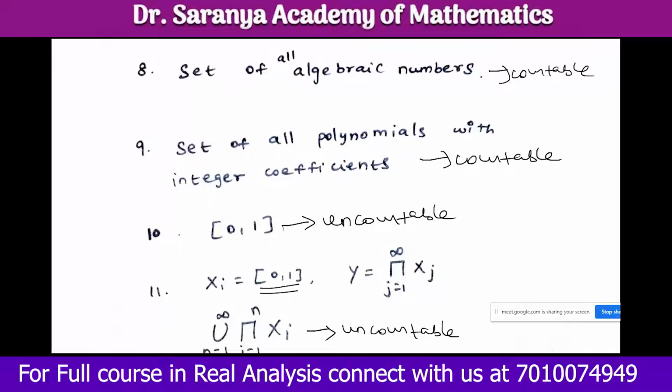This is a Cartesian product. They mentioned it is an infinite Cartesian product. Whatever it may be, no problem. Here they mentioned finite Cartesian product, but Xi is the interval. It is uncountable. Union of finite Cartesian product also uncountable. Is there any doubt? No, ma'am.